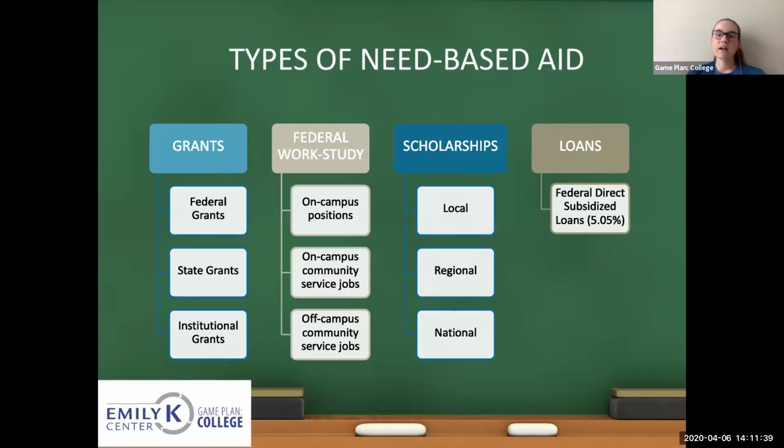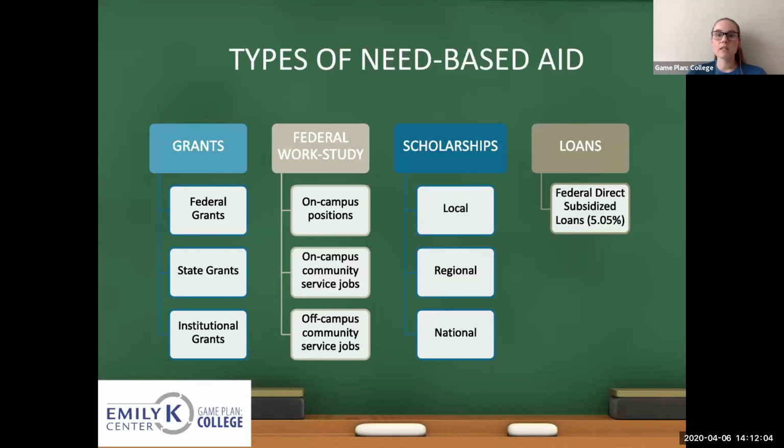And then finally, there are loans. When you file your FAFSA, if you meet a certain income qualification, so if you're within a certain distance of the poverty threshold, depending on how many people are in your house, you could be offered a federal direct subsidized loan. These loans do not accrue interest while you're in college.